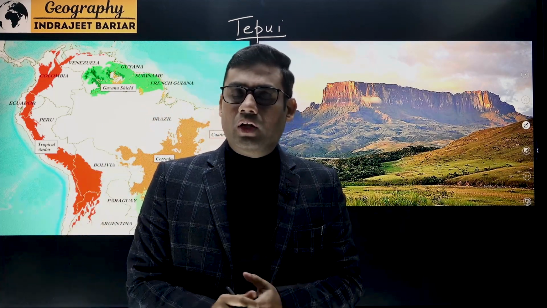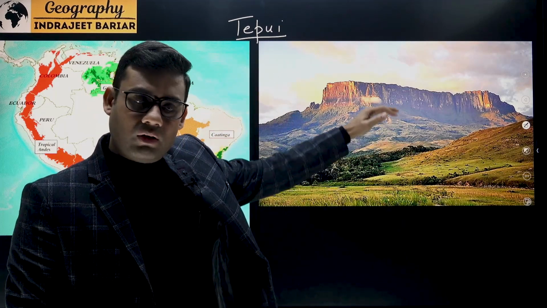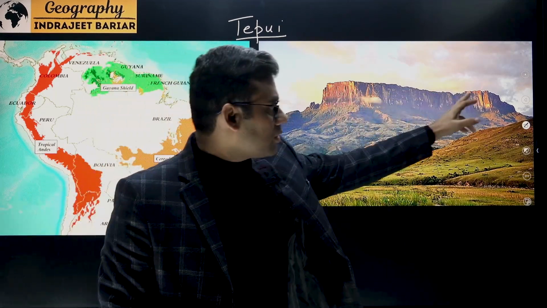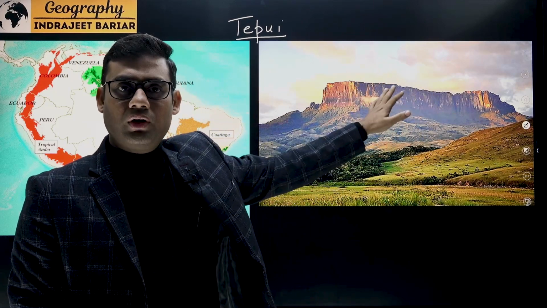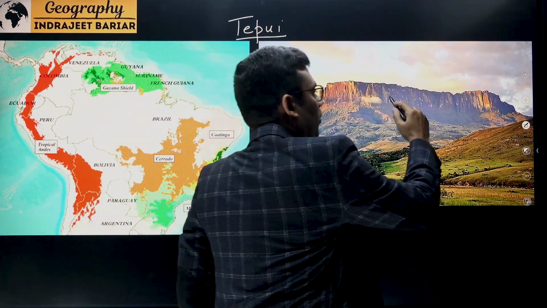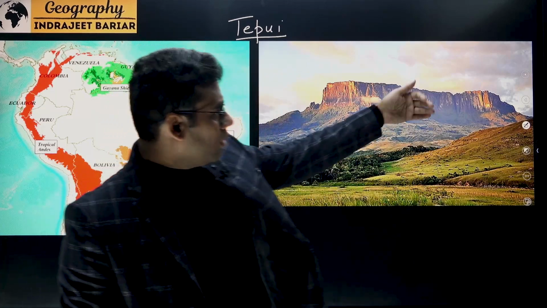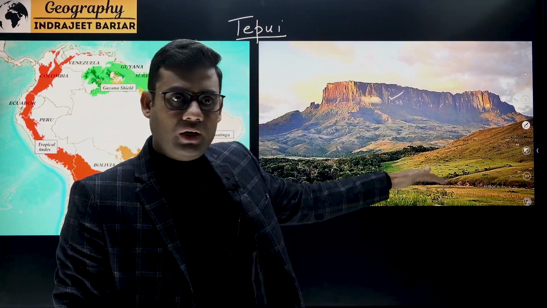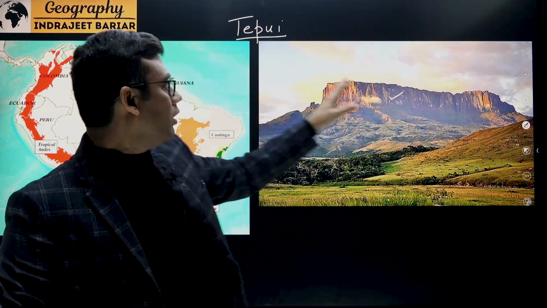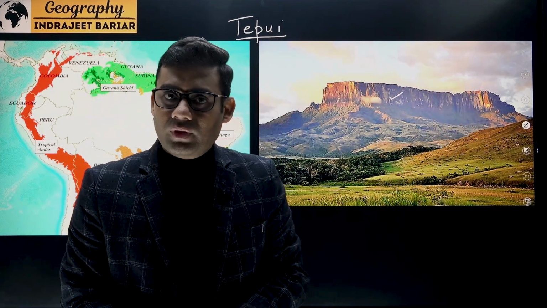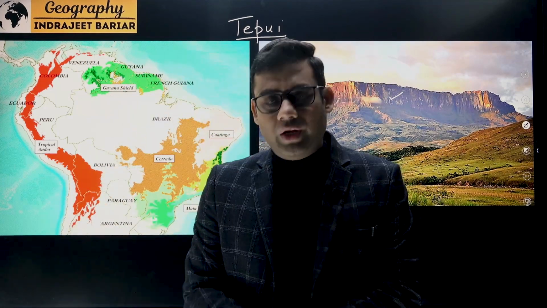And therefore, erosive forces have taken up, and the whole of the area has been eroded a lot. These tabletop mountains represent residual mountains, which means they are made up of resistant rocks, more resistant rocks. So when the surrounding has been eroded down, these mountains remain as residual mountains, the tepuis. These tepuis are mainly found in Venezuela and Guyana.